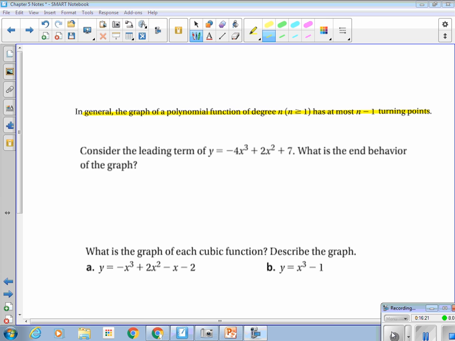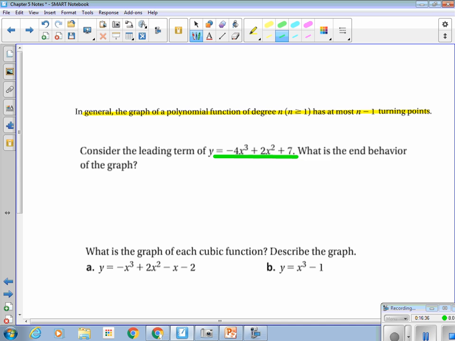All right, so we are not going to graph this, but we are going to determine the end behavior of this polynomial function, negative 4x cubed plus 2x squared plus 7.